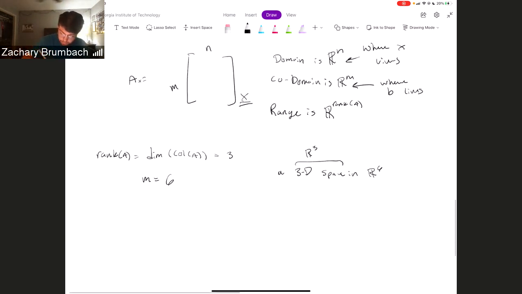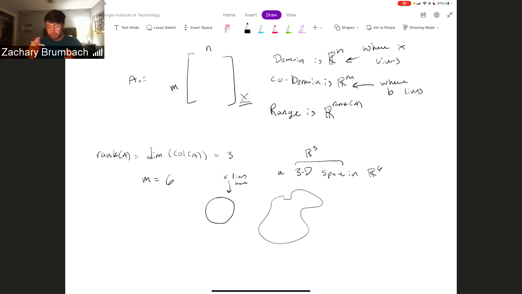So in picture form, let's say you start in this circle. Okay. So these are where all your x's live. X lives here. Okay. This bigger, more misshapen blob is where B's technically live, like how many entries they have. Okay. This is where we can actually get to, this little circle. So this circle is our range.